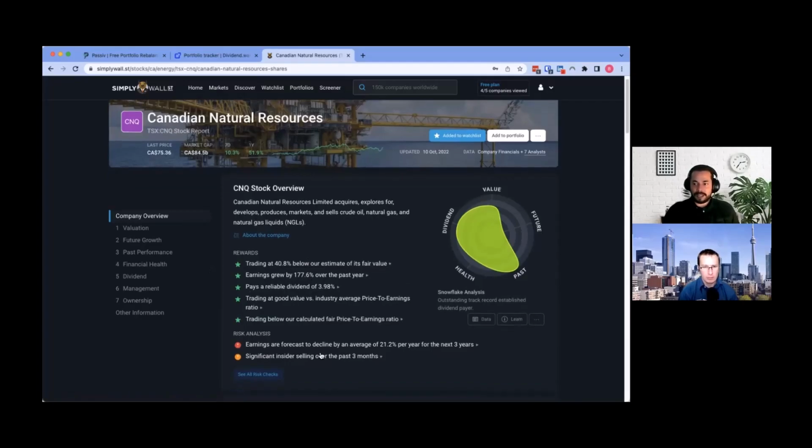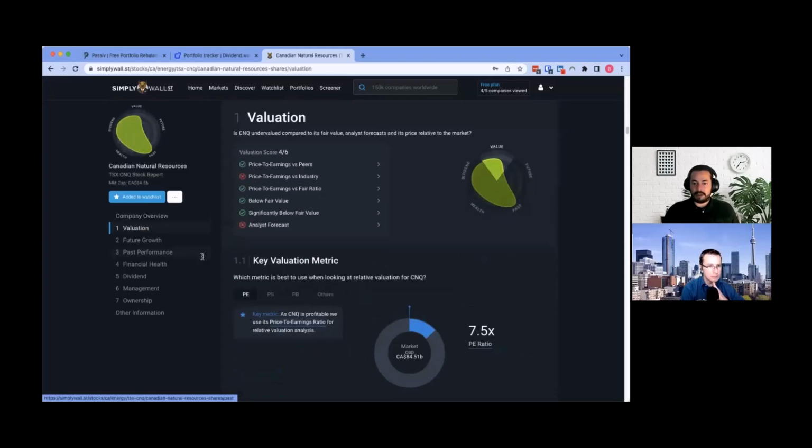And again, they give you this nice write-up with a quick glance summary of their analysis. Sorry, I said spider web, it's actually a snowflake analysis. So you see their dividend, how they're doing from a dividend perspective. This stock seems to be doing pretty okay, but you can drill down to better understand their valuation.